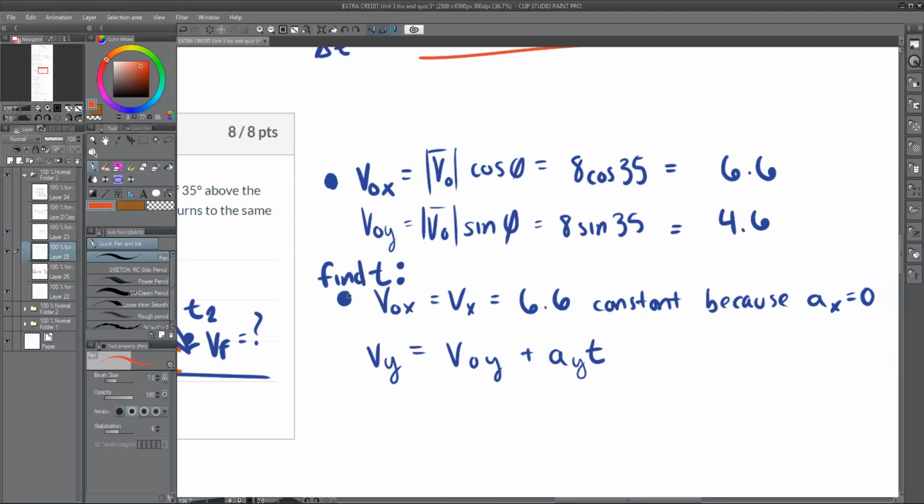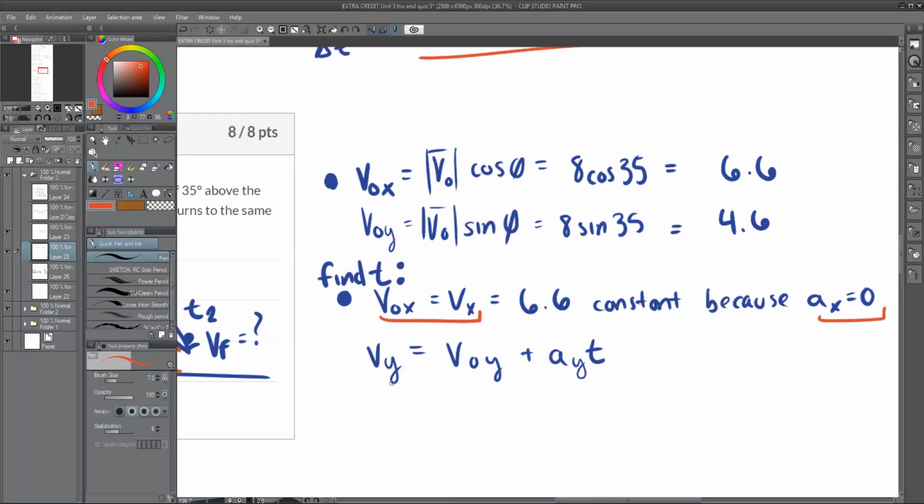So first, before we can solve for the final velocity, we have to find t first, which is pretty simple. We don't have to mess with Vox to find t because it's constant, because we know that acceleration on the horizontal is always 0. So we're not going to have to mess with that.